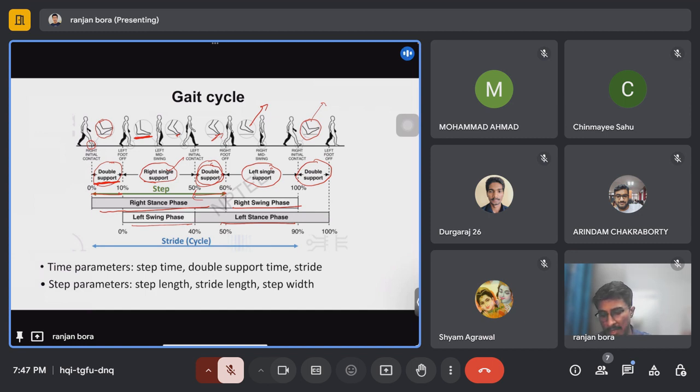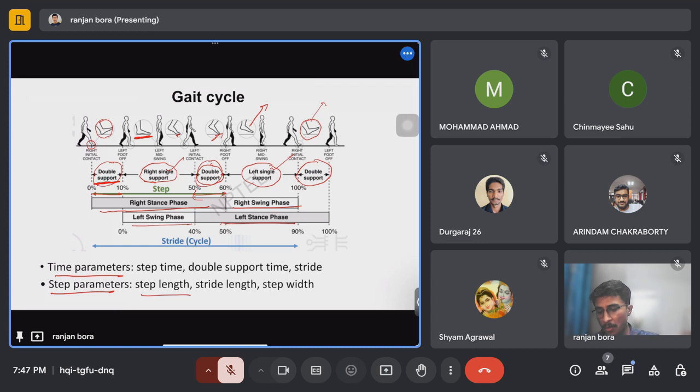And in our gait cycle, we have some parameters. One is time parameters, which are dependent on time, and the other is step parameters, which depend on step. What is the step length? Step length is the length between the successive points of the opposite feet while walking.